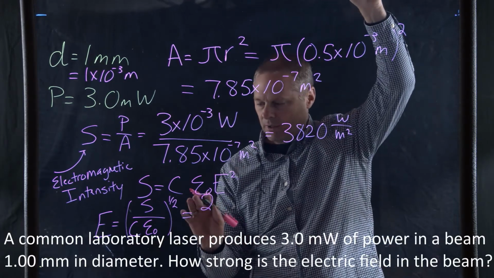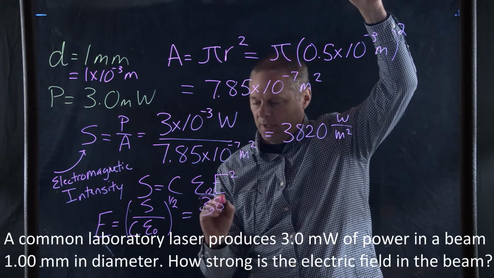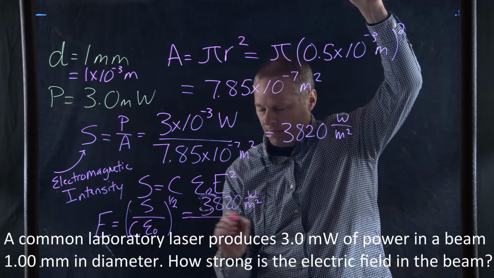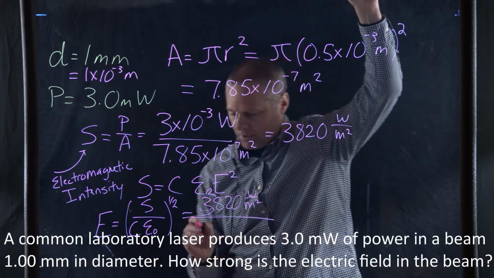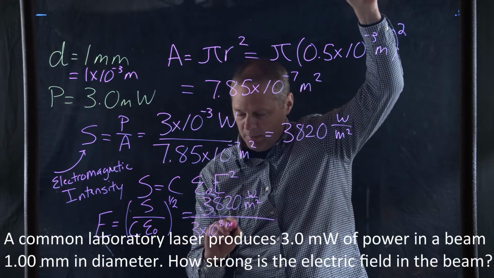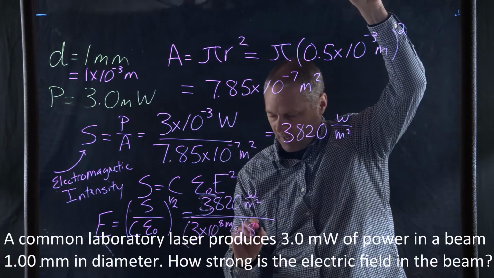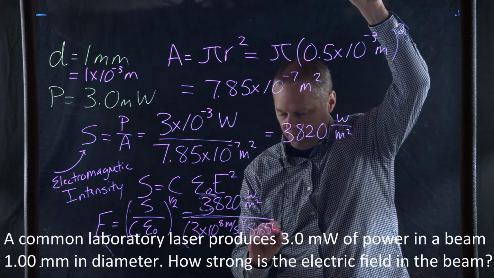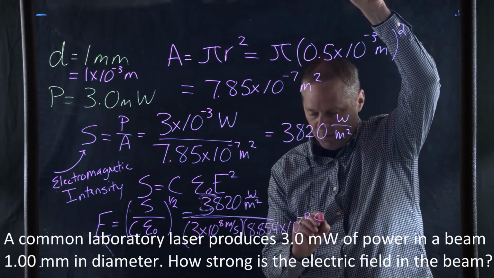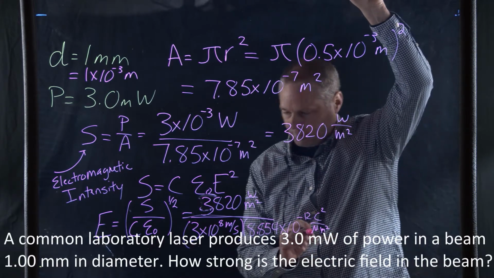So this gives us, oops, got ahead of myself, 3,820 watts per meter squared divided by our speed of light, which is 3 times 10 to the 8th meters per second, times our permittivity of free space, which is 8.854 times 10 to the negative 12th Coulomb squared per Newton meter squared.